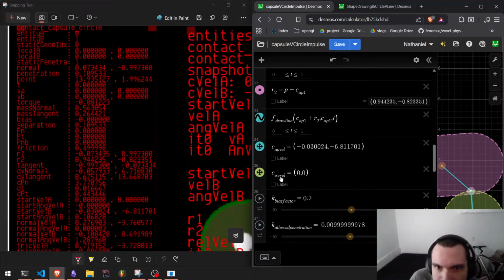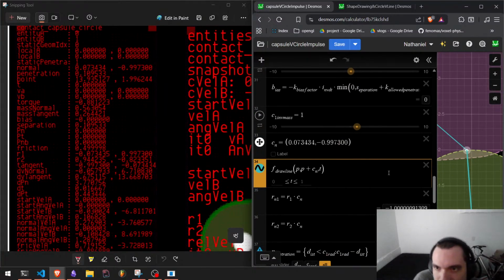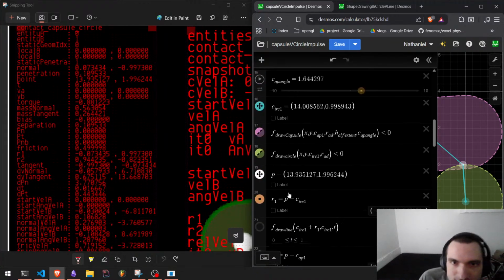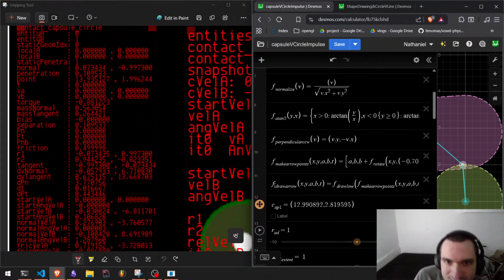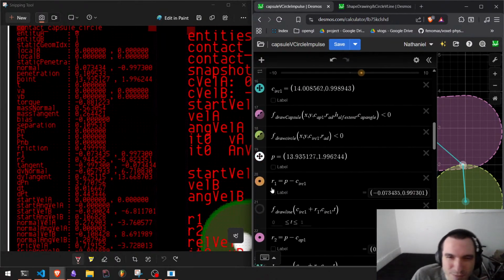Yeah, it's the same thing as one. Okay. So this blue line, that is the normal. It is pushing the circle down, or rather the capsule out. I guess it just depends on how we interpret it. But it's the exact same as the lever arm between the circle and the contact point.